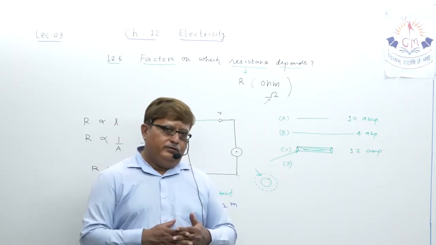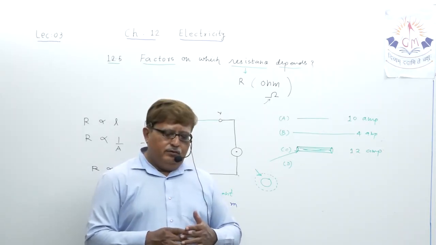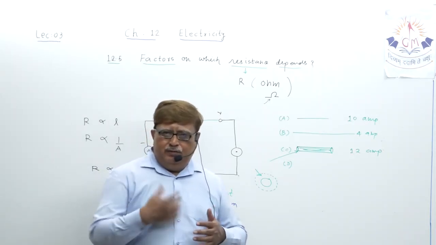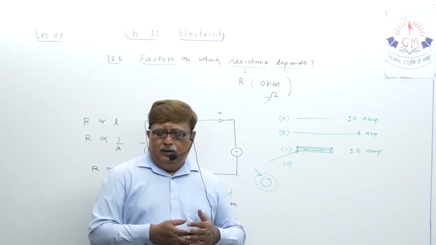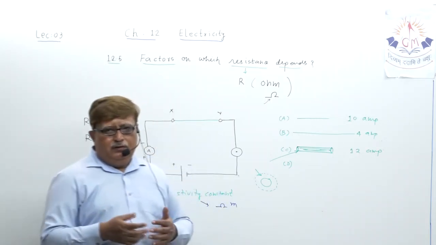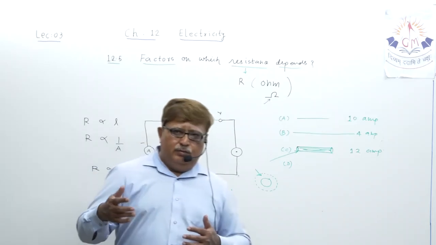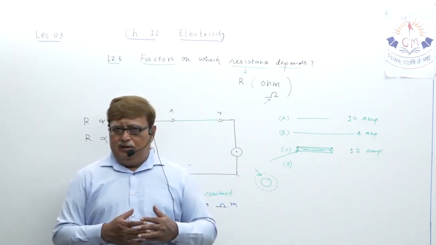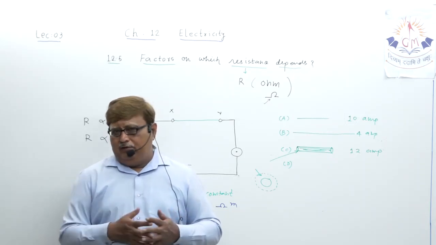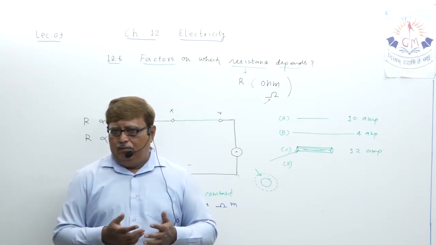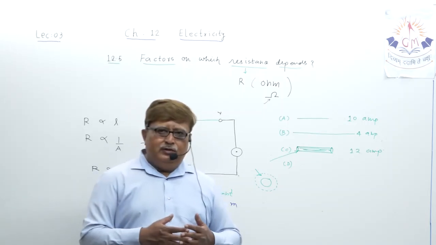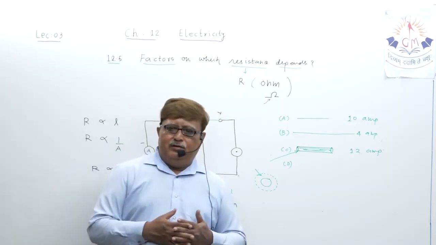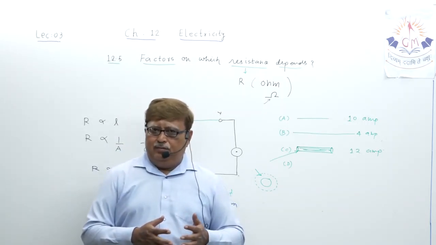You understood this? So my dear student, in the textbook they have given one table also where the resistivity of some of the materials, some of the alloys, has been listed out. You can just prepare it at home, and I don't think that you need to remember the resistivity constant of each and every material.